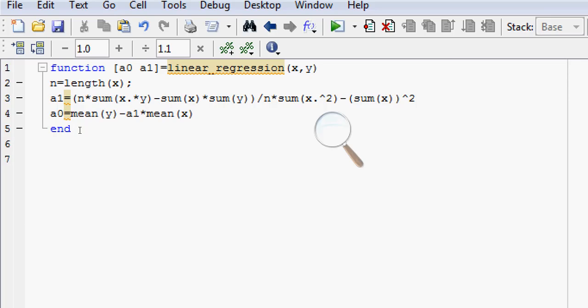So we have learned 3 or 4 things. First of all, element by element operation of matrices, that is by using this dot. Second, what is linear regression?